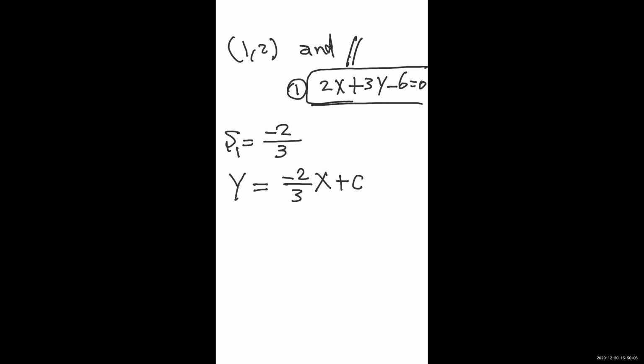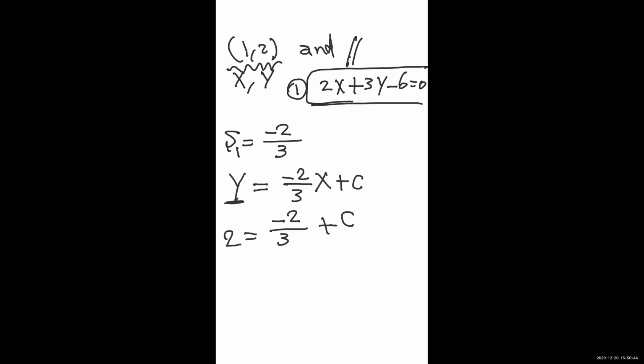Yes. Okay, great. Now, this straight line passes through (1, 2), so (1, 2) satisfies the relation. Use it and substitute these values in the equation. This is x and this one is y, so y equals 2. So 2 will equal -2 over 3 times x, and x is 1, so it will be only -2 over 3 plus c.